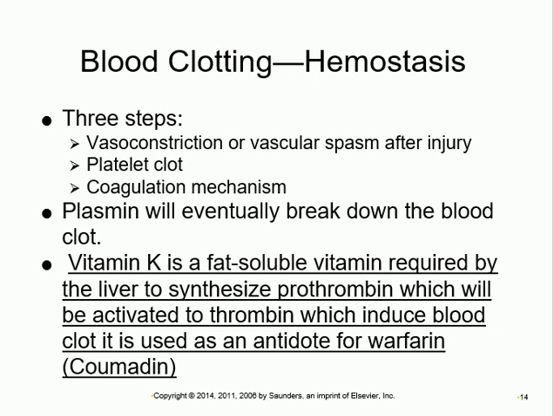Here is the liver, okay? And the liver is going to make prothrombin. In order to make prothrombin, you need vitamin K. Is this part clear? In order to make prothrombin, you need vitamin K. Prothrombin will become thrombin.